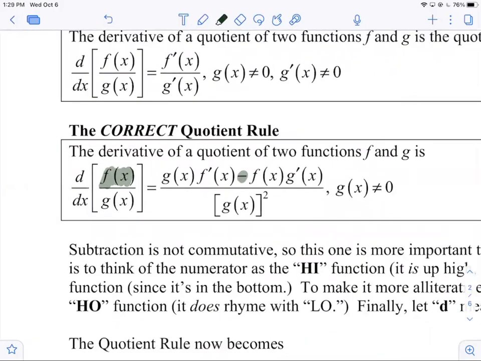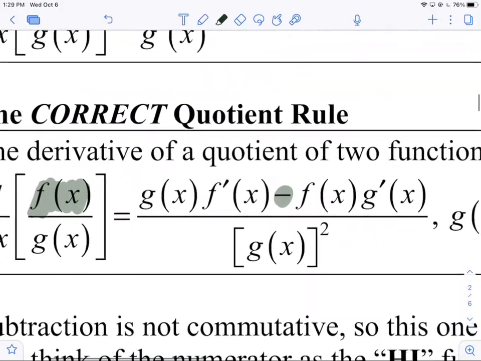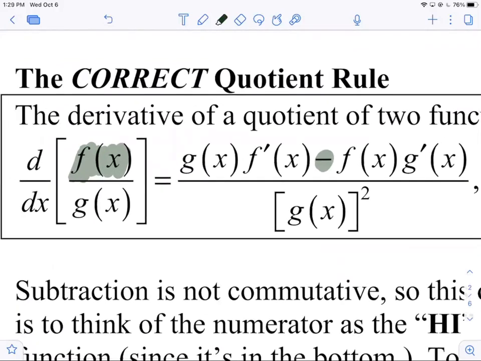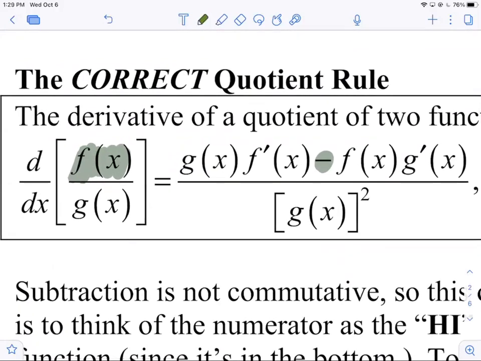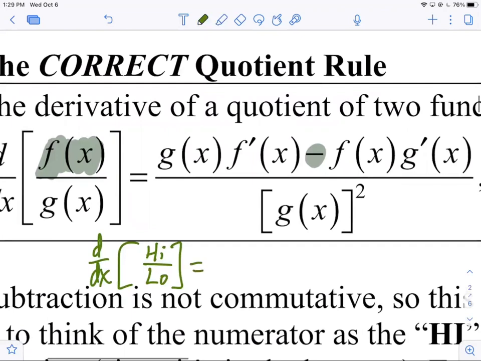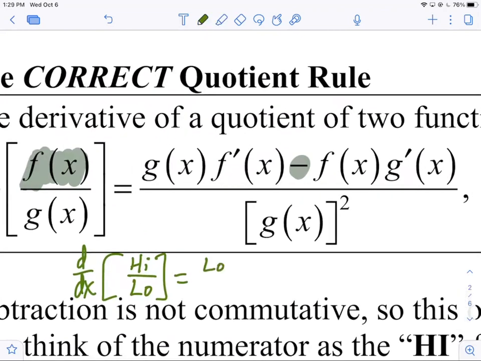But there's another way to do it. Watch, okay? Just bear with me here. If we take the derivative with respect to x, if we let the top function be the high function, and we let the bottom function be the low function, would you be okay with that? High is in the top, low is in the bottom. That makes sense, right? High over low. Then this rule becomes low times the derivative of the high.